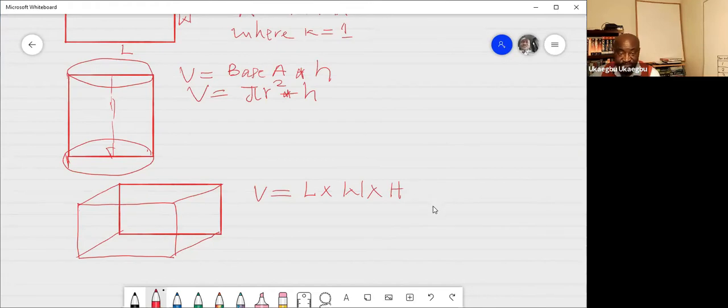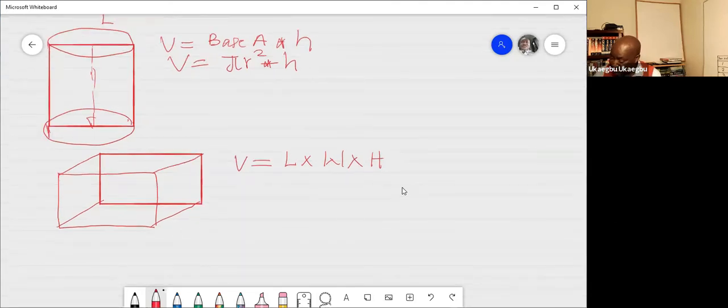Four physical quantities: volume, length, width, and height. In terms of variation, it will just be V equal to K multiplied by L W H, where K is 1. You see, these are how some of these formulas were derived before you start using them.